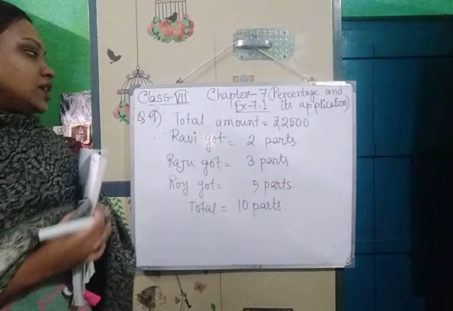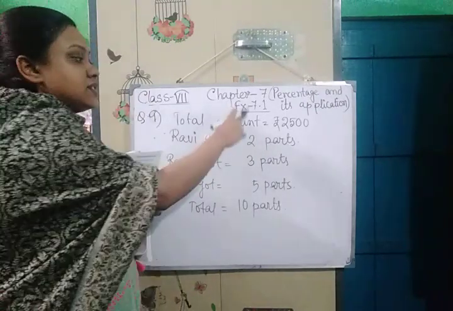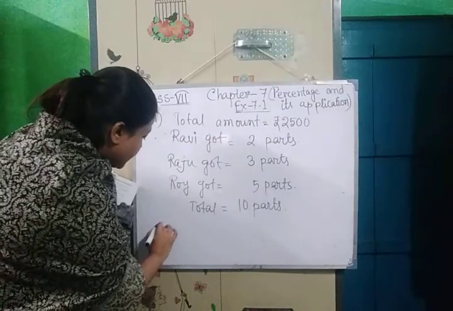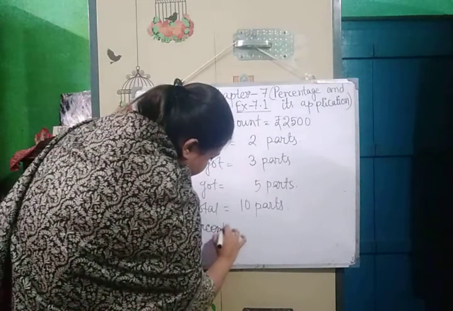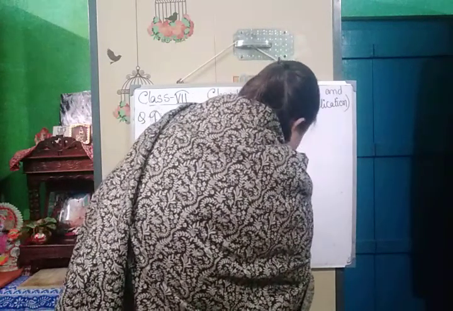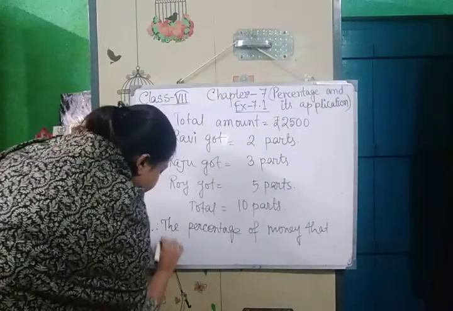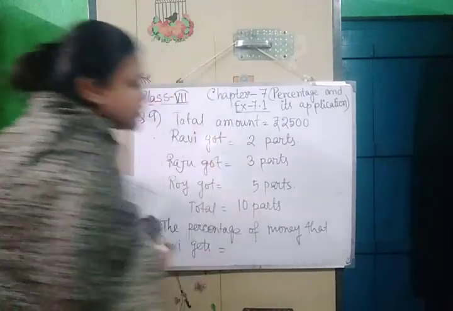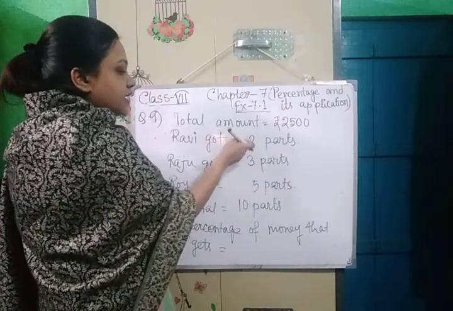Okay. Now the percentage of money that Ravi gets out of 2500 rupees. What is the percentage of money? See, out of total 10 parts, Ravi gets 2 parts.